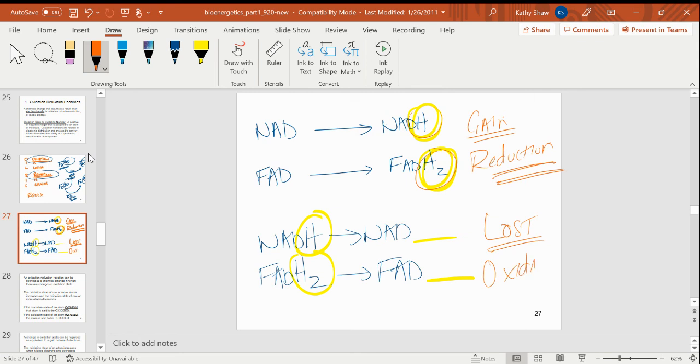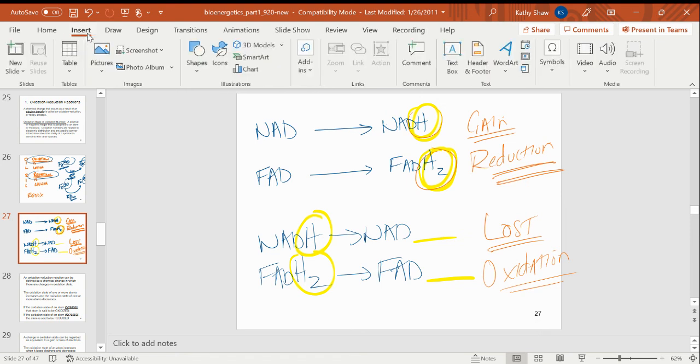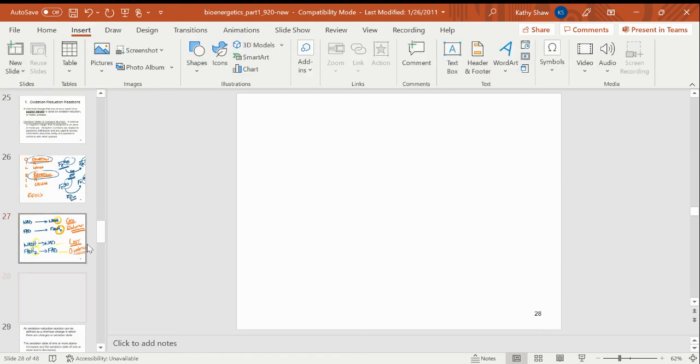Oxidation is losing. So there's my oxidations. But we said I can't have an oxidation without a reduction. I can't have a reduction without an oxidation. I can't have somebody gain an electron without somebody losing it. I can't have somebody lose it without somebody else gaining it. So we're always going to see the reactions written like this.